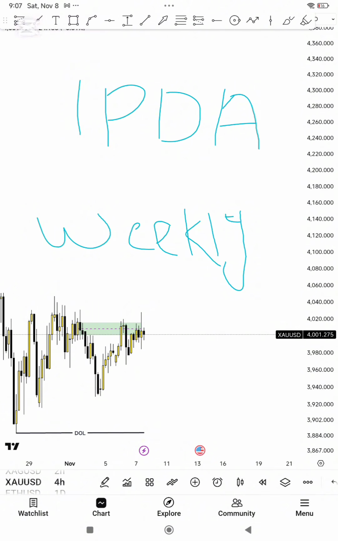The interbank price delivery algorithm. This concept explains how price moves, how liquidity is engineered, and how every single move in the market is delivered with precision. Now, this will be just an introduction, a small glimpse into these delivery phases or structure.